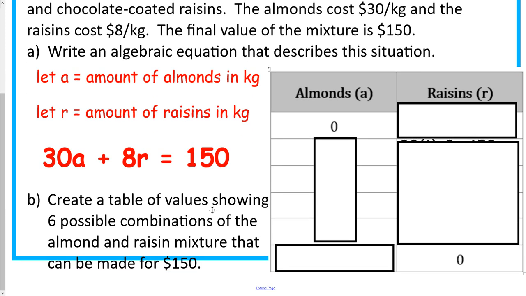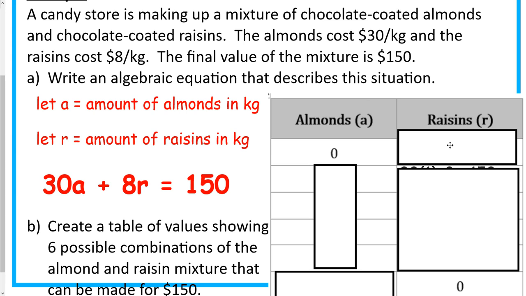And then we're going to write down some of the different scenarios that can happen. So we're going to create a table of values showing 6 possible combinations of the almond and raisin mixture that can be made for $150. So let's start off with 0 almonds, right? So if we just buy raisins, how many kilograms can we purchase?